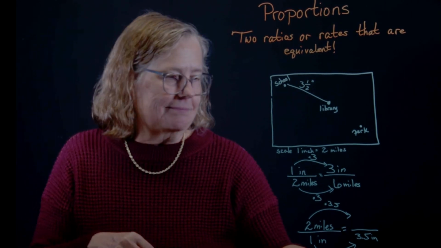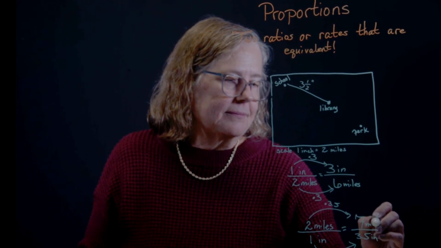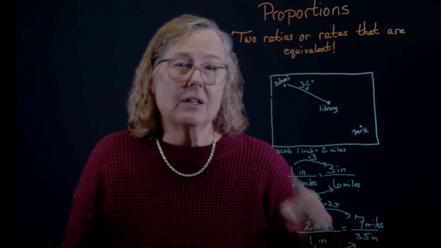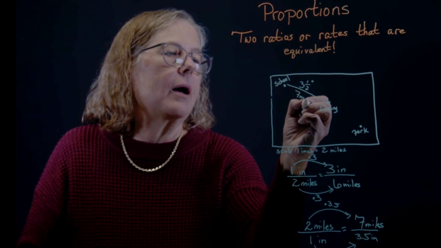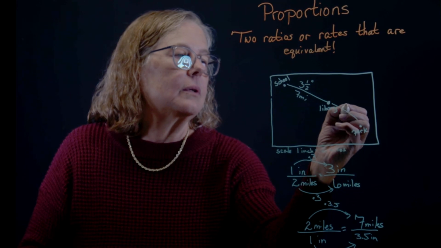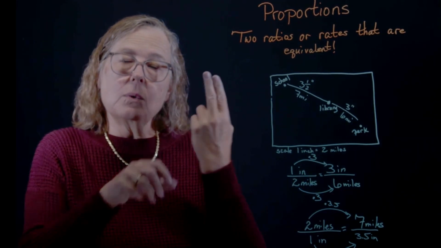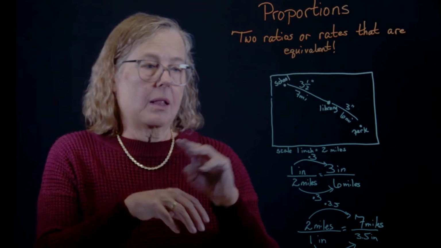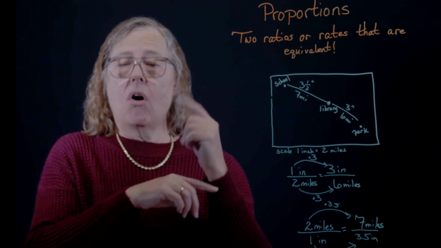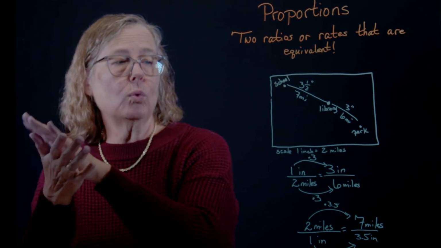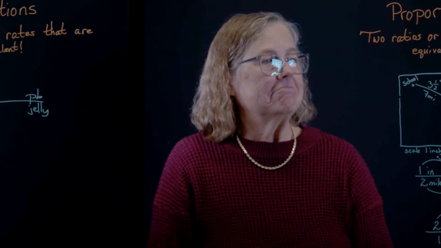We're going to add it up. It's 7. Good job. Let me write it on here. So you can use the scale on the map to set up a proportion. And now I can figure out how far I have to walk if I want to go from the school to the library. That's kind of cool.